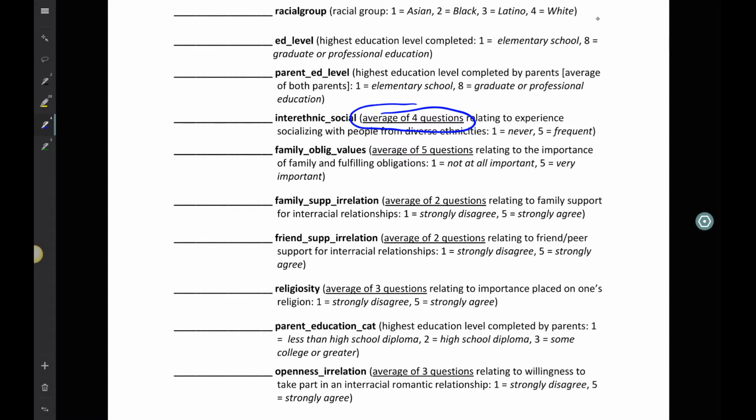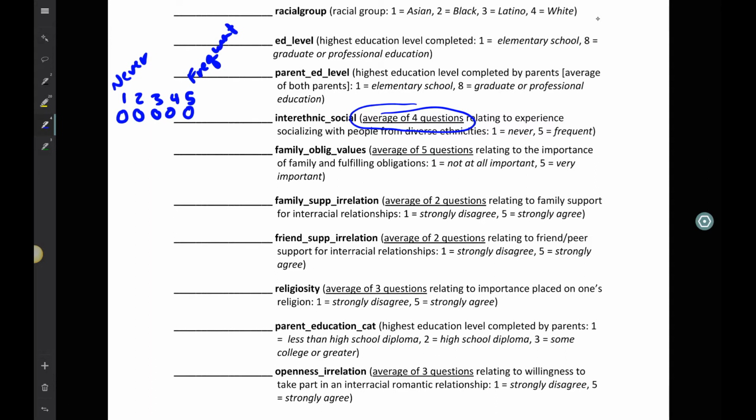So this is saying that whoever responded to, I'm guessing this was a survey, they responded to 4 different questions that were related to their experience of socializing with people from diverse ethnicities. So they had 4 questions and they went from 1 to 5, right? 1, 2, 3, 4, 5, where 1 is never and 5 is frequent.